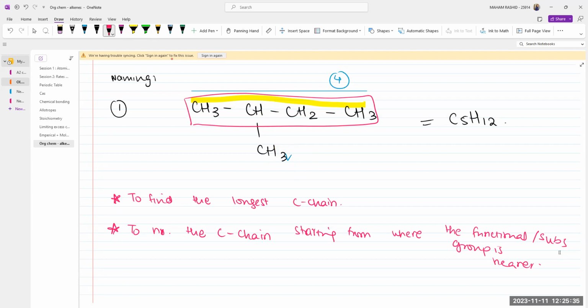Over here, the CH3, right? So this is my attachment. This is my substituent. Okay? Now, when I have the longest carbon chain, I say to number the carbon chain starting from where the functional group is nearer. So if I start to number it, 1, 2, 3, 4, right? My substituent comes on the third number, right?